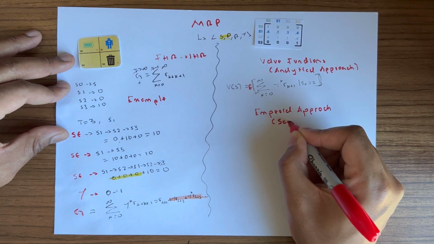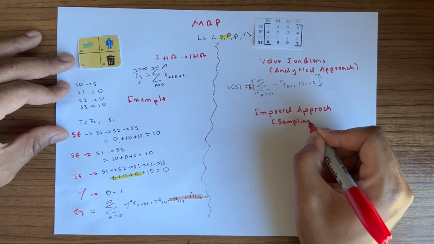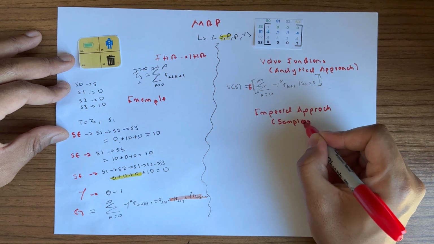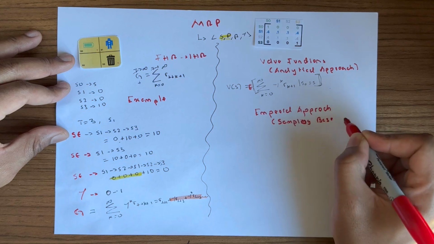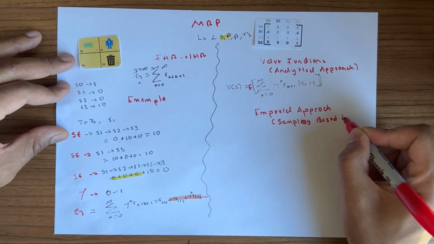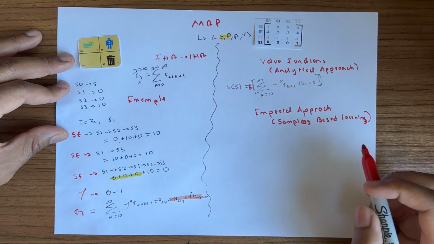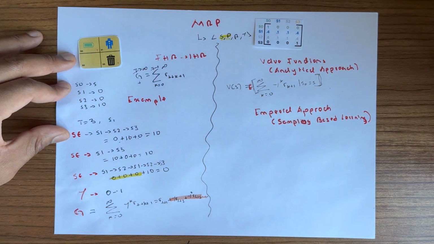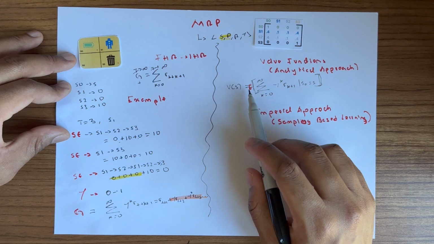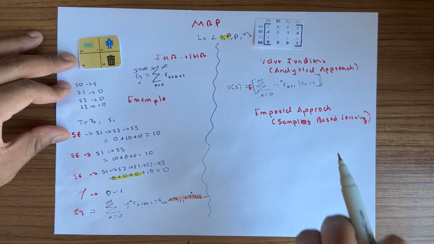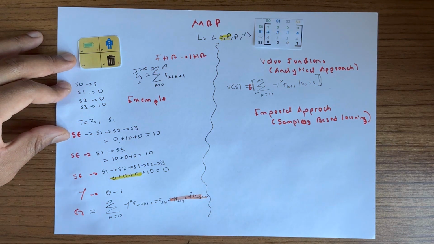Sorry, this is sample based. I'm going to call it sample based learning. I hope my handwriting is not a problem here. So the previous one is an analytical, more like the absolute way to get the value of a state, but there's another method.